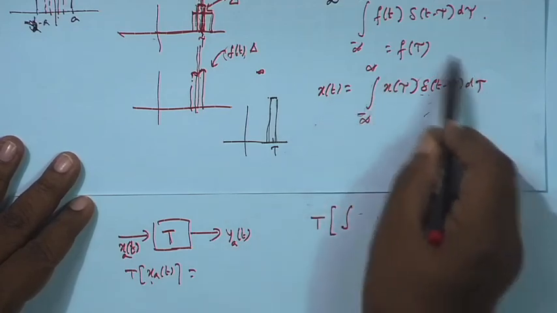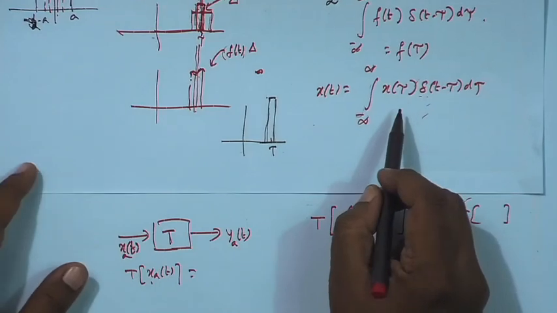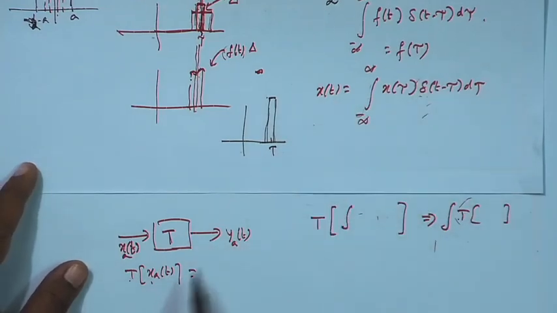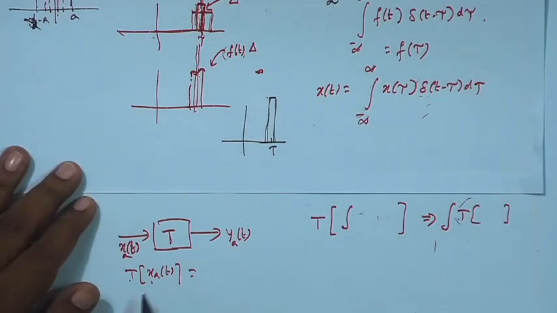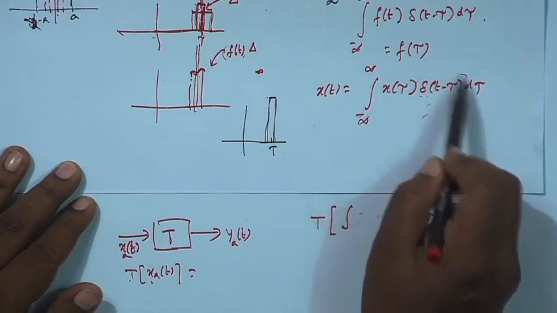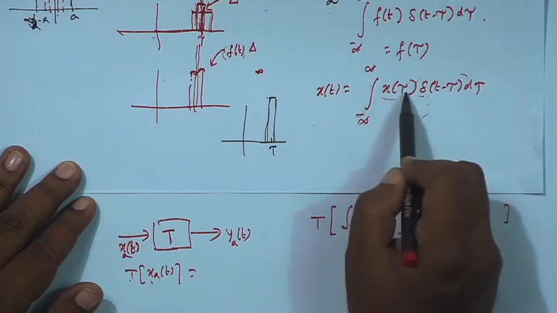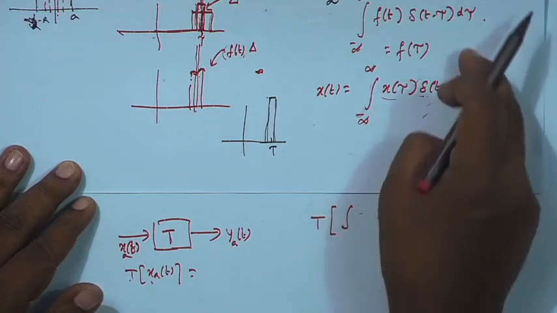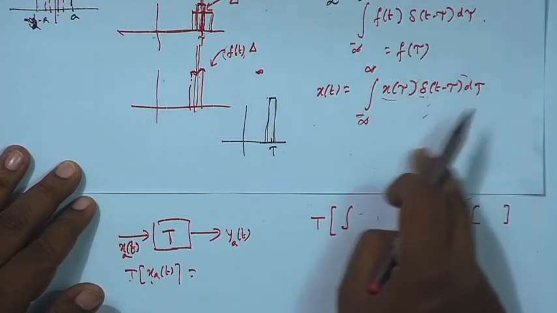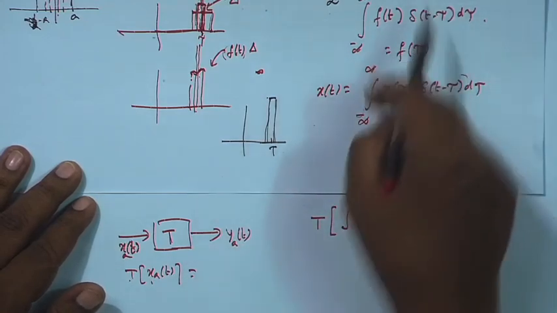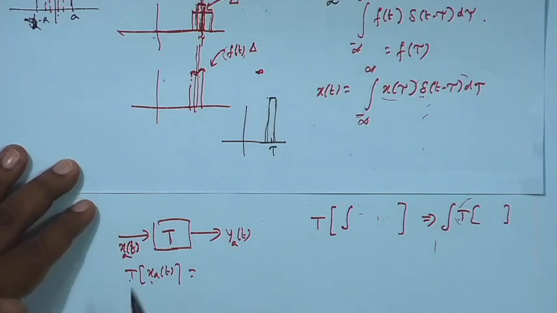After the superimposition of the shifted deltas and then applying T on it, you will get the same thing. If you apply T on these individual deltas, this one shifted by some tau multiplied by the constant factor x tau, and then you vary that response over tau and get all the responses and then add, you will get the same thing because of linearity.